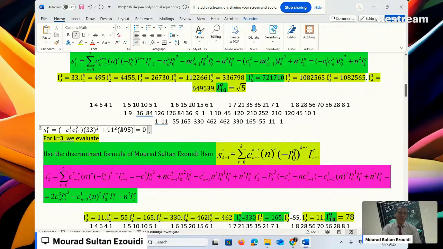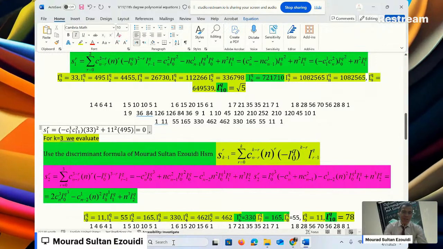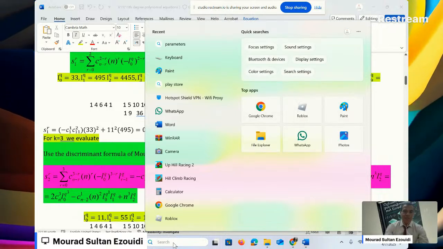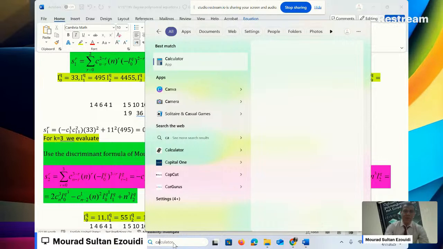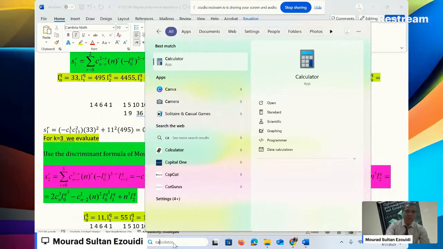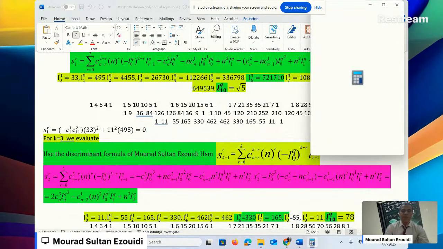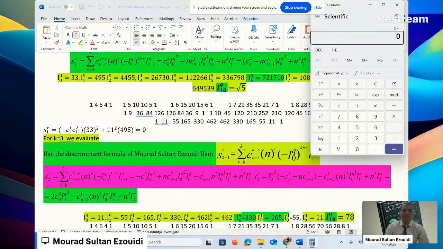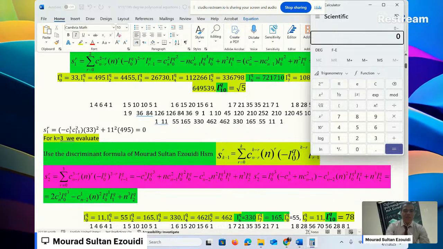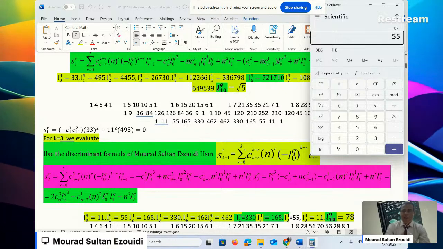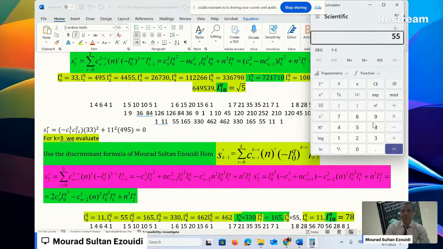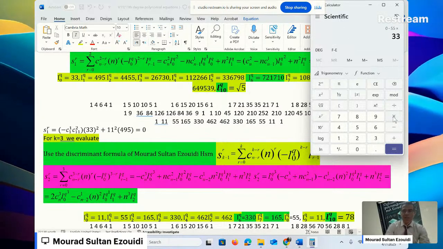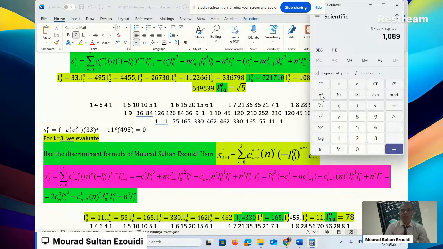If you want to use my calculator, okay, calculator. There is no calculator. This one. Okay, you can see that there is negative sign times 11 choose 2. 11 choose 2 is 55. Times what, my kids? Times 33 squared, isn't it? This is 33 squared.